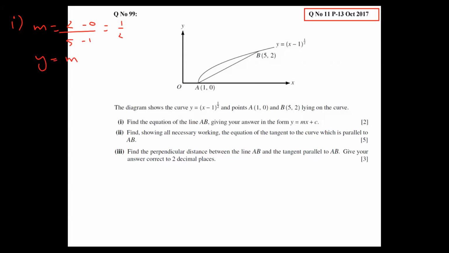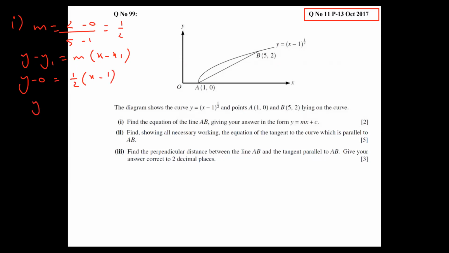We can find c, or apply the other formula: y minus y1 equal to m times x minus x1. This is the equation of a line formula; use any point. I use this point, so 0 in the place of y1 and 1 in the place of x1. So y minus 0, and m is half, and x minus 1.